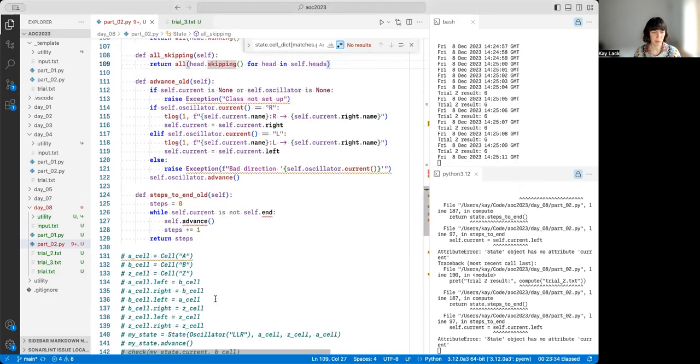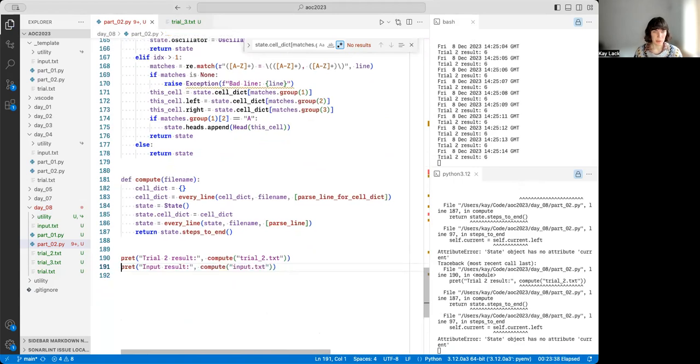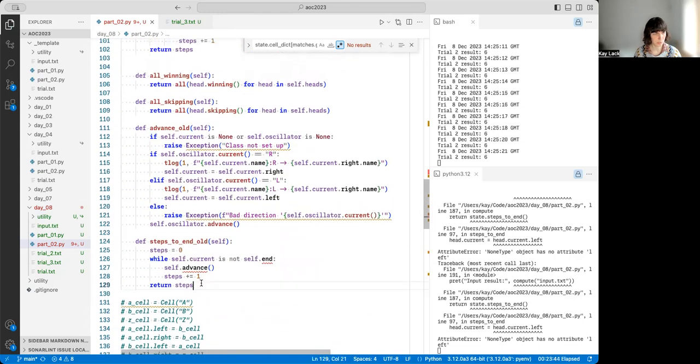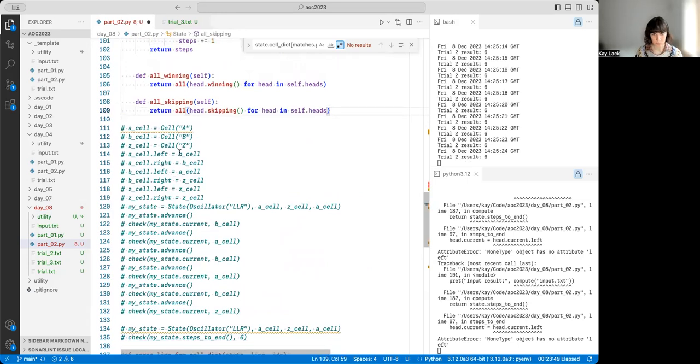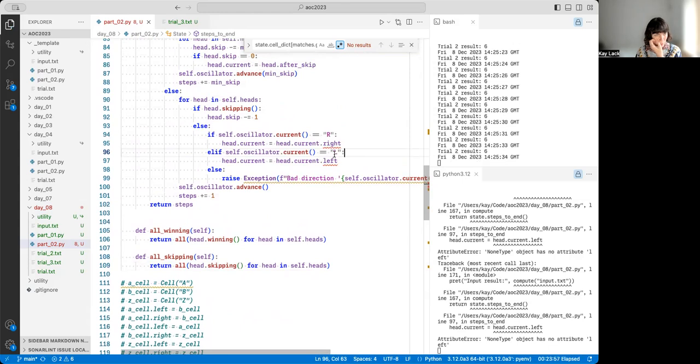Six steps. All right, well, it works in the small version. Let's try with the input. Nope. It should all be mapped at this point.